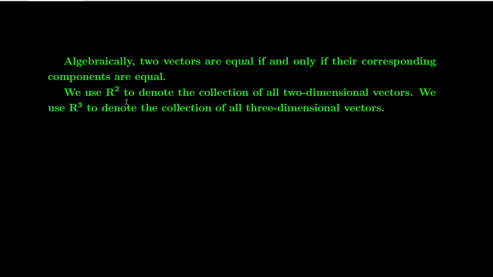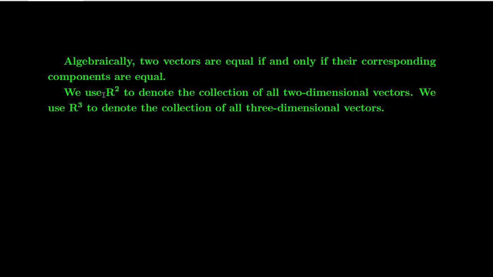In the future we use R2 to denote the collection of all the two-dimensional vectors. I know in high school you probably learned to use R2 to denote all the points. But vectors are a way better tool to study many properties in two-dimensional or three-dimensional cases.